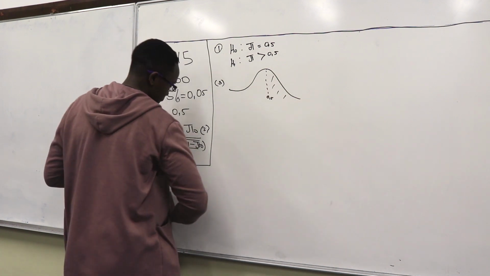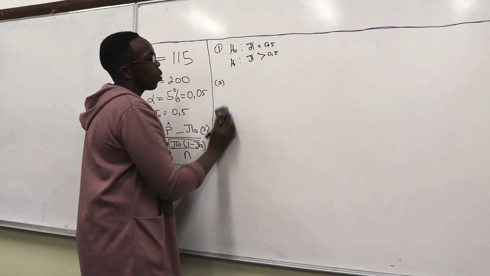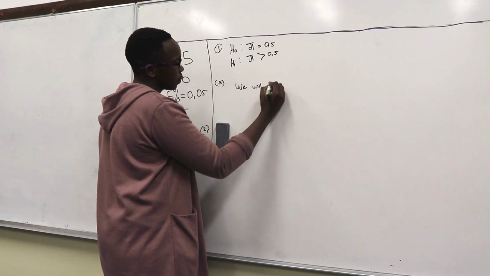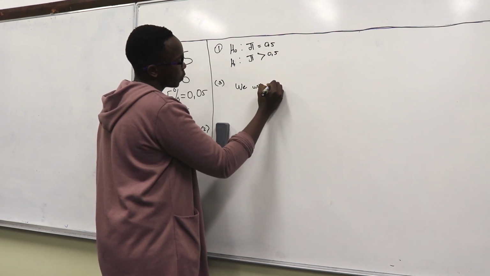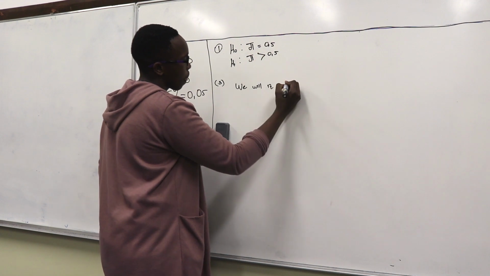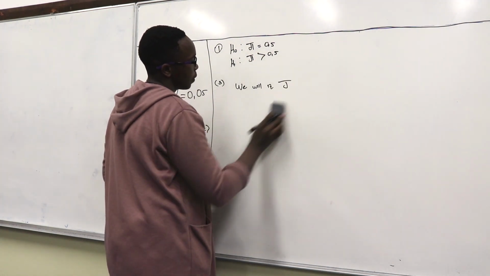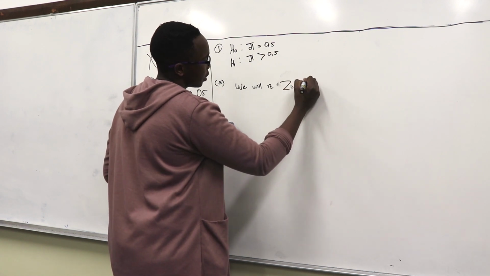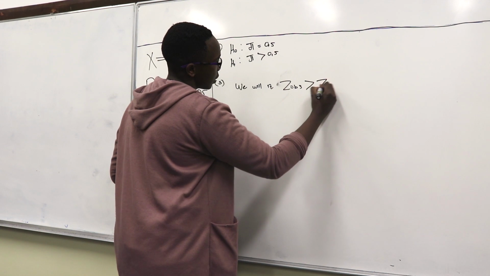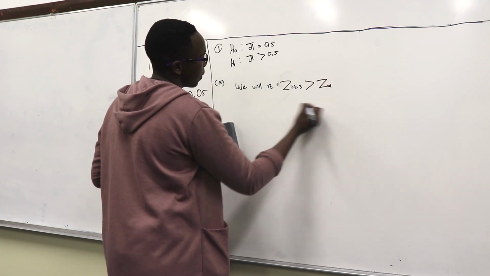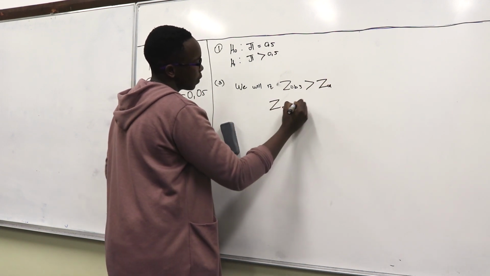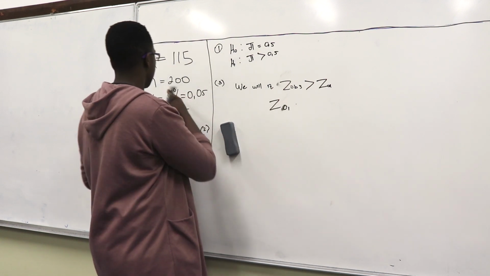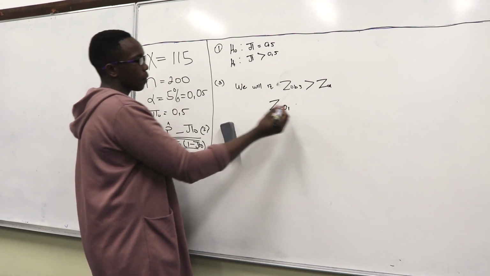So we'll reject if our z observed is greater than z of alpha. And remember that z of alpha is z of 0.05.